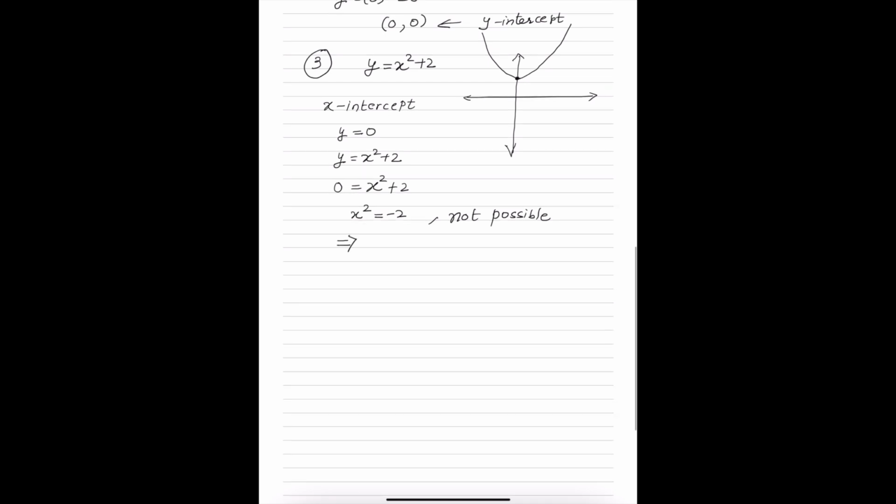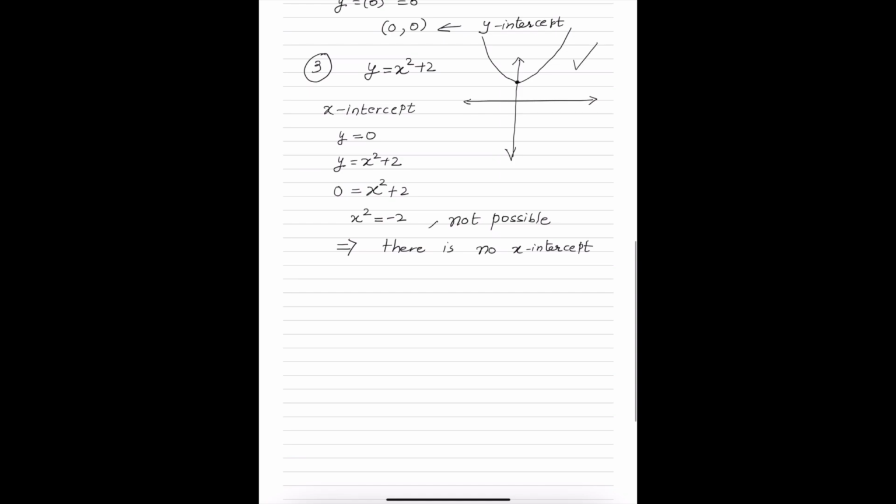We'll conclude here. There is no x-intercept, and this is actually true because when you look at this shape y equal to x square plus 2, you can see that this curve is cutting through the y-axis, but it is not touching or cutting through the x-axis. So there is no x-intercept.